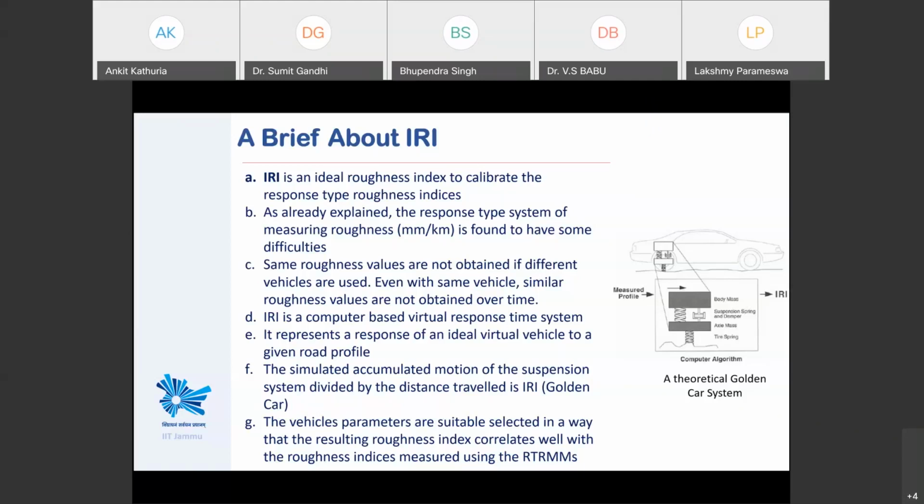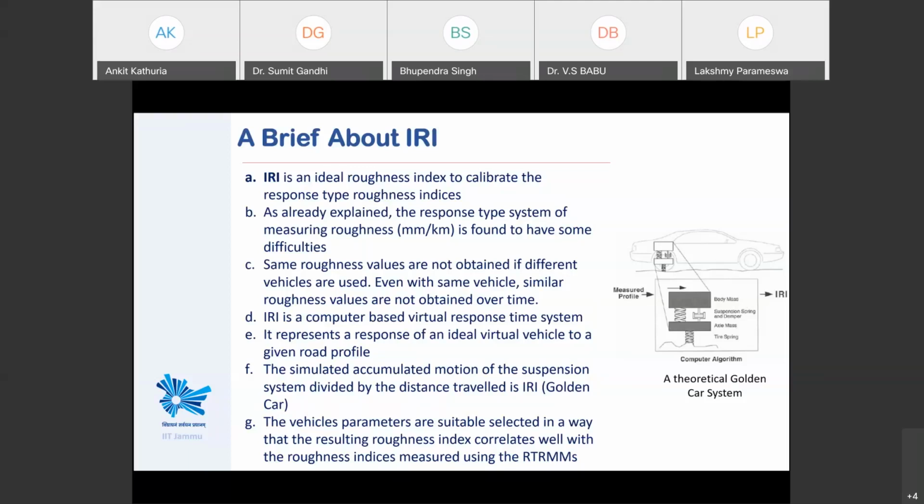This theoretical golden car system measures the vertical movement with the help of the suspension system, and the simulated accumulated motion of this suspension system divided by the distance traveled is nothing but IRI.